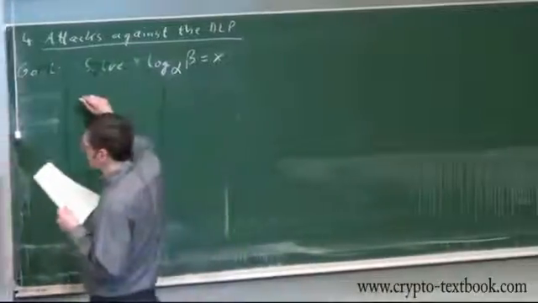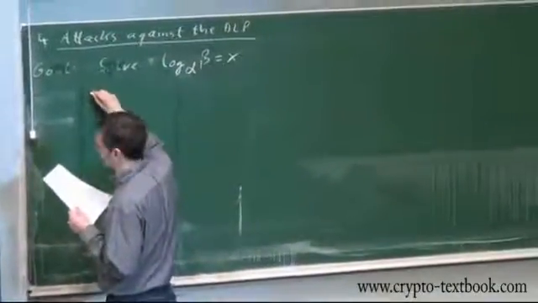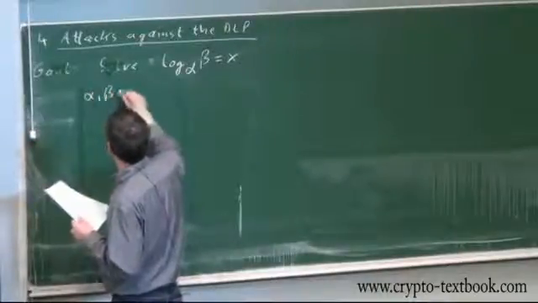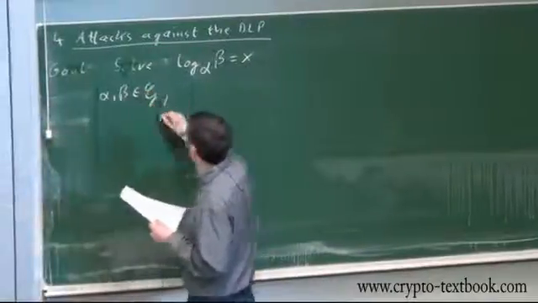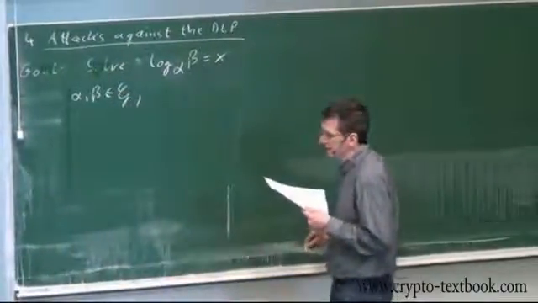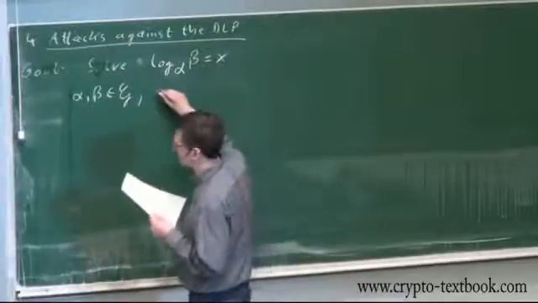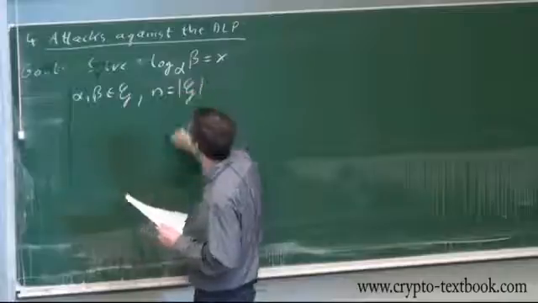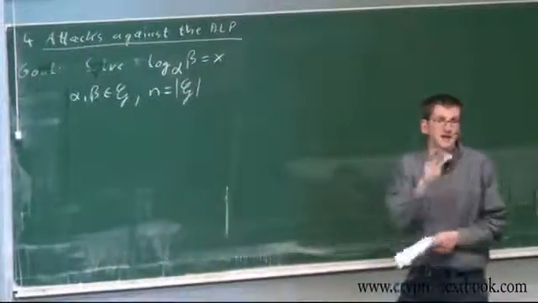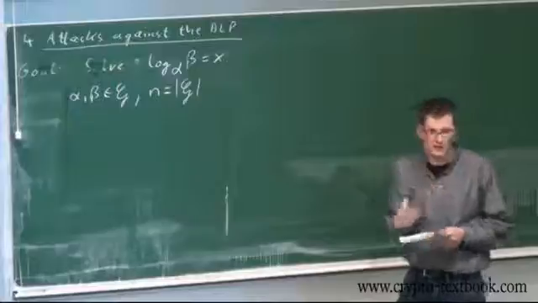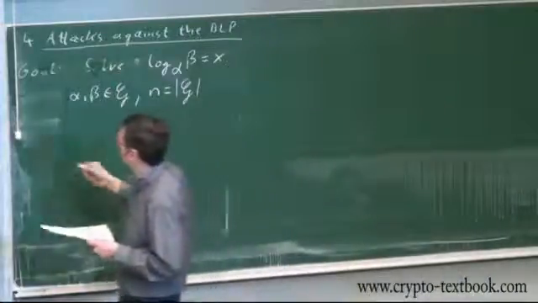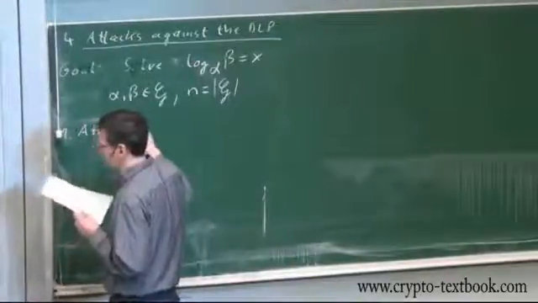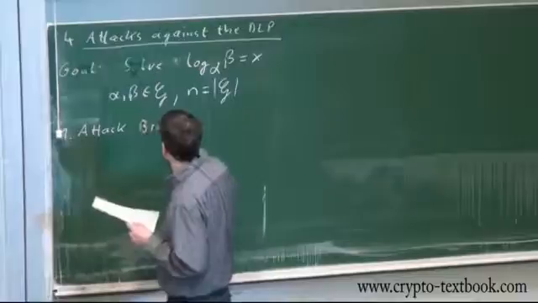And the parameters are as always alpha and beta in the group, and this group cardinality is n, and n is going to become important now. How many elements do we have here? So what are the attacks? First attack is brute force.